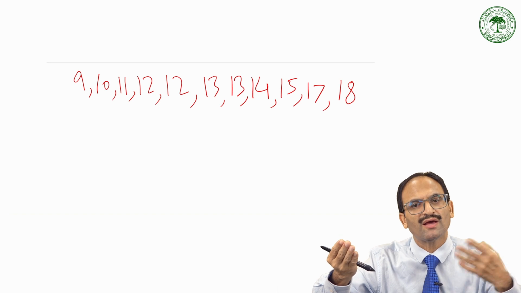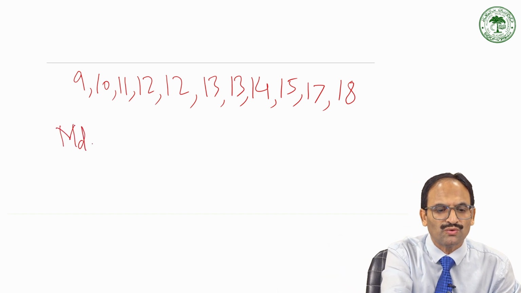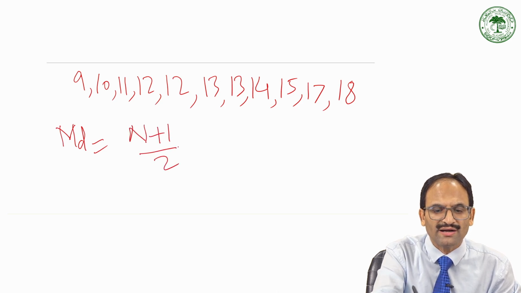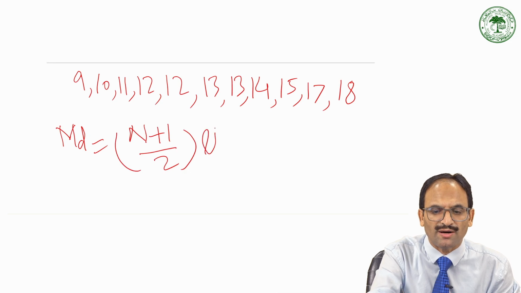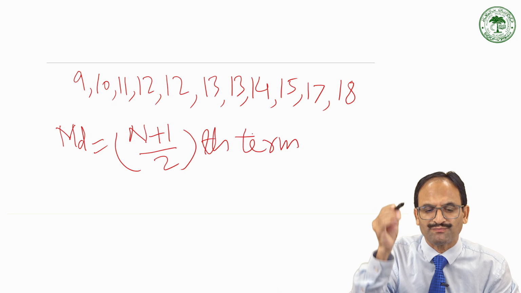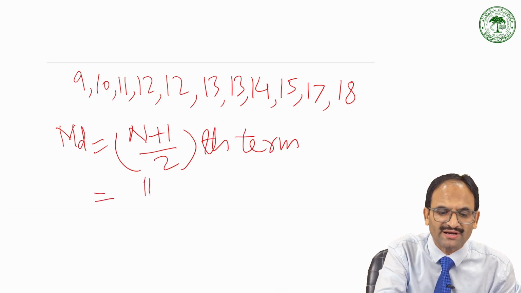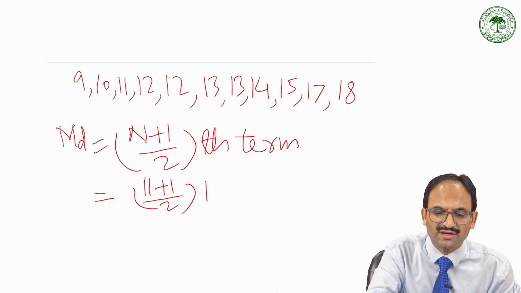Next step, what you will do? Median is equal to the (n plus 1) upon 2th term, that is the 2th number or item. So n is here what? 11 plus 1 upon 2th term.